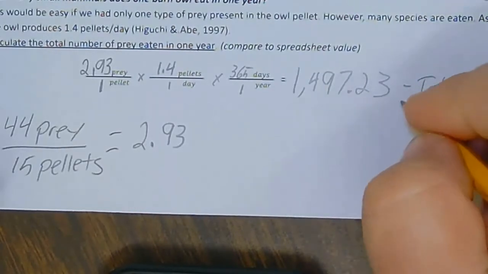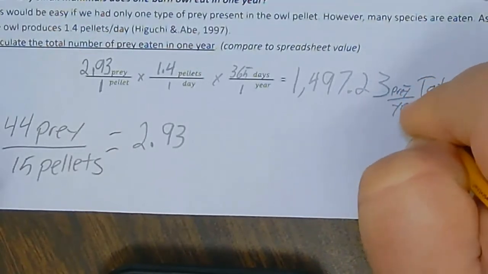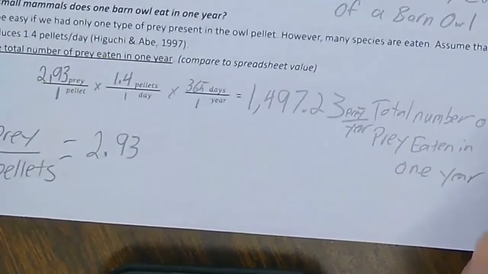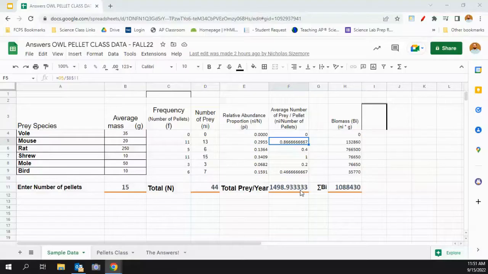Now, technically, the unit would be prey per year, but let's spell it out really clearly, okay? So as we can see here, that's pretty close. Our number was 1,497.23, and 1,498.93 repeating would be without our rounding error. That's how we're comparing the two.